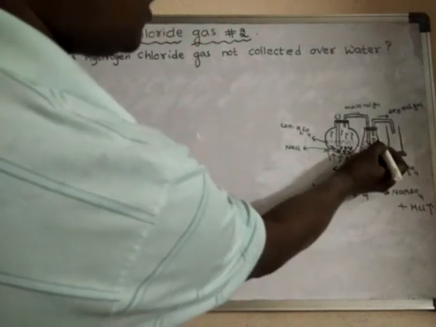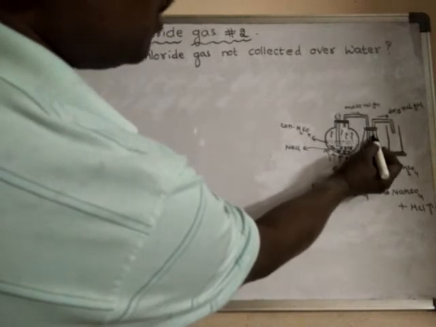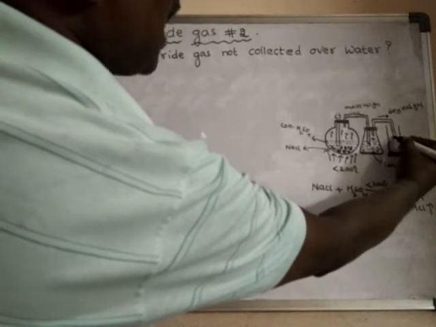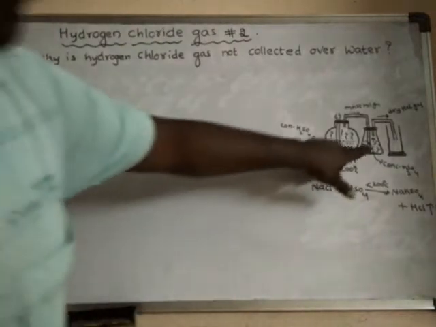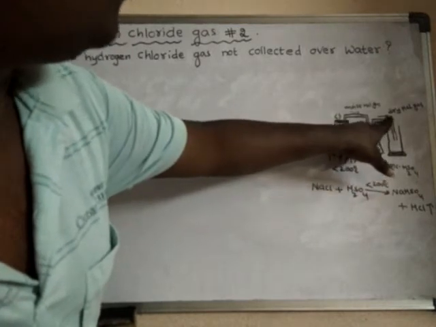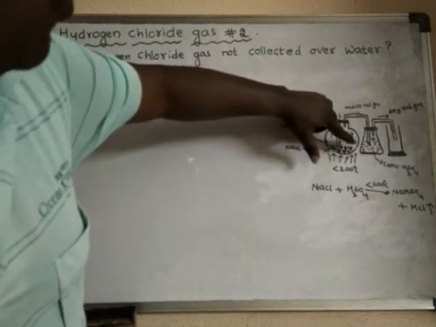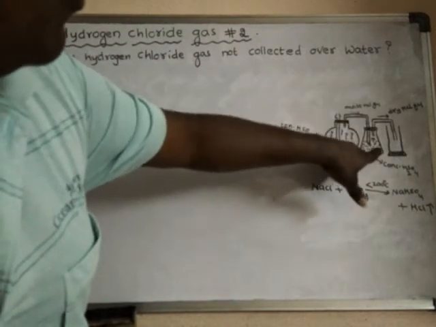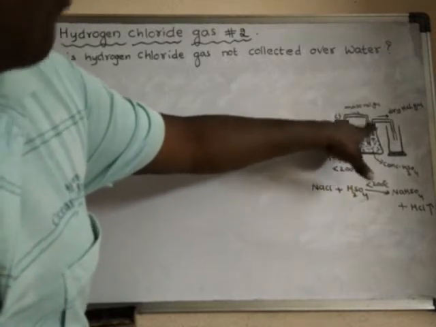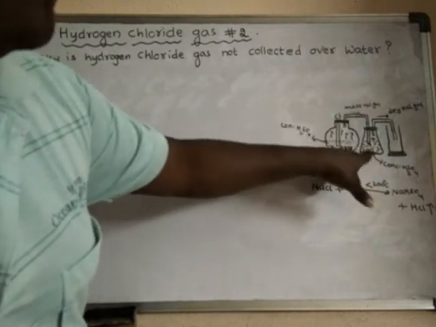So this HCl gas will move up, and finally, through this delivery tube, it will enter the gas collecting jar. The HCl gas entering this delivery tube is dry HCl gas. Before that, from the round bottom flask into the conical flask, the HCl gas which is traveling is moist HCl gas, and that moisture is absorbed here.